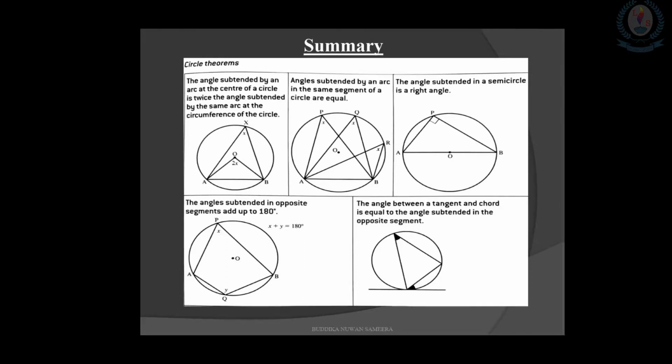Then the angle in a semicircle is a 90-degree angle. Then the opposite angles of a cyclic quadrilateral add up to 180. Then the alternate segment theorem: alternate segment angles are equal in size.